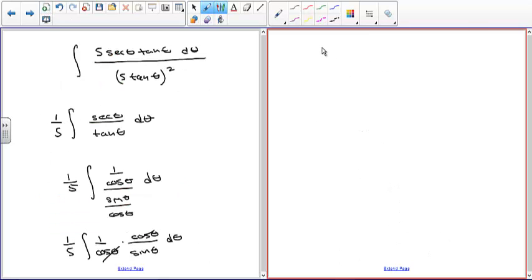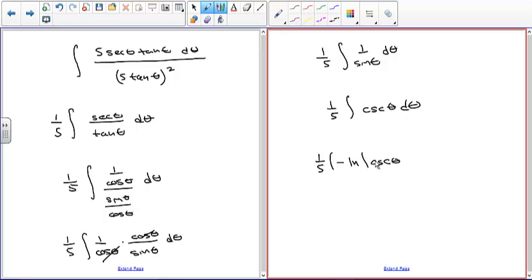And 1 over the sine of theta, but that's the cosecant. So we get the integral of the cosecant of theta d theta, which is, Elias, what's the integral of the cosecant? The integral of the cosecant is the negative of natural log of cosecant of theta plus cotangent of theta.